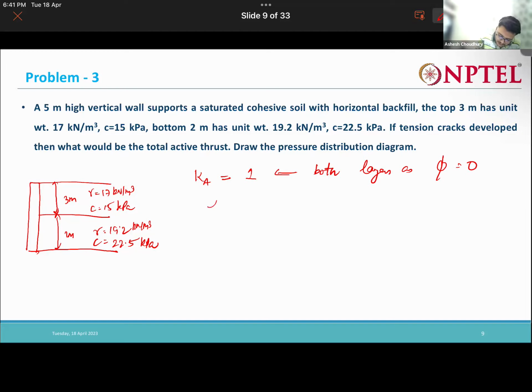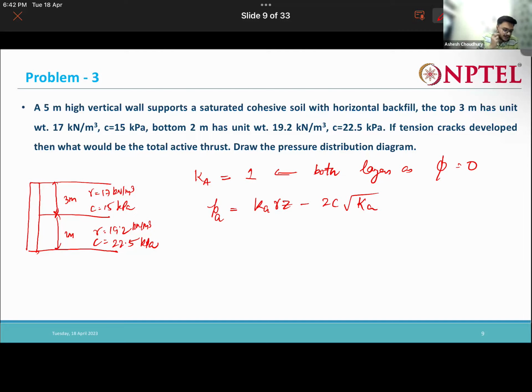Right. Now, what is the equation of our active thrust? It is nothing but K into gamma Z minus 2C root over K. Here it is given that tension cracks have developed. So let us first draw for the upper layer.